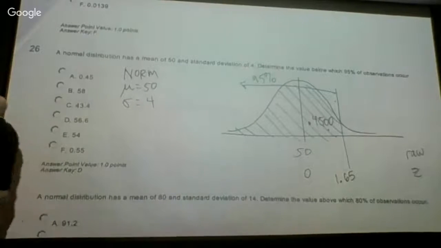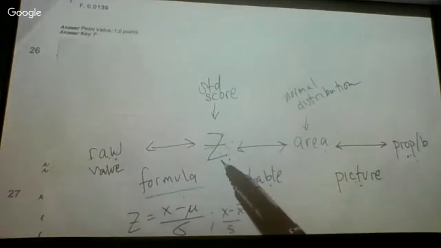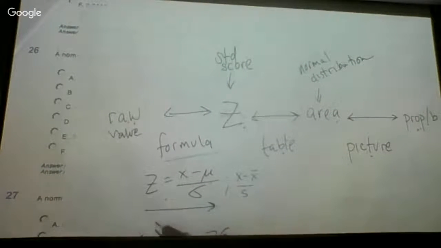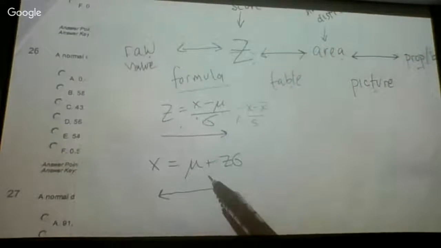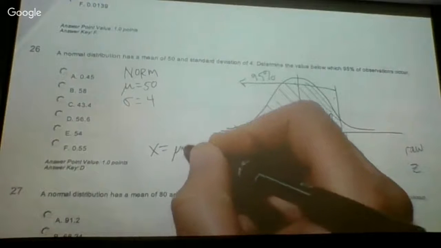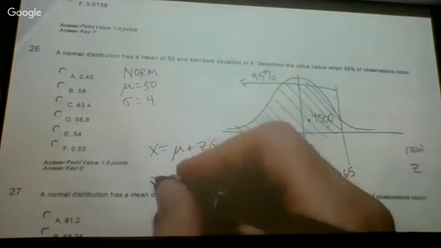The last step that I need to take, I went to my table, and I got my Z-score of 1.65. Now I got to go to my formula. I can either use this formula in algebra, or algebra and then this formula. X equals mu plus z times sigma.